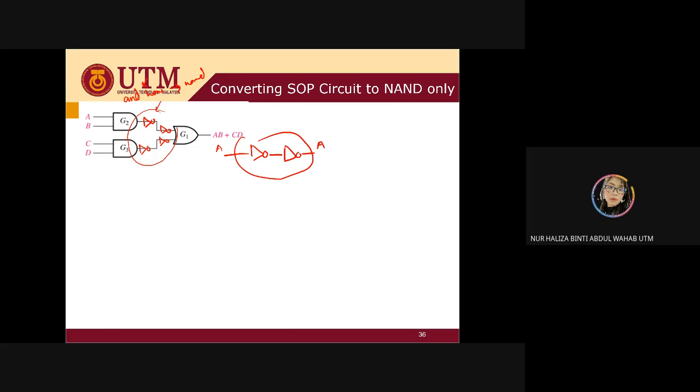It doesn't affect the inside of this circuit. So that's the second way. One way you just learned just now, and another one is using your bubble thing. You put NOT and NOT. So it doesn't affect, it just helps you change later on to be a NAND gate.